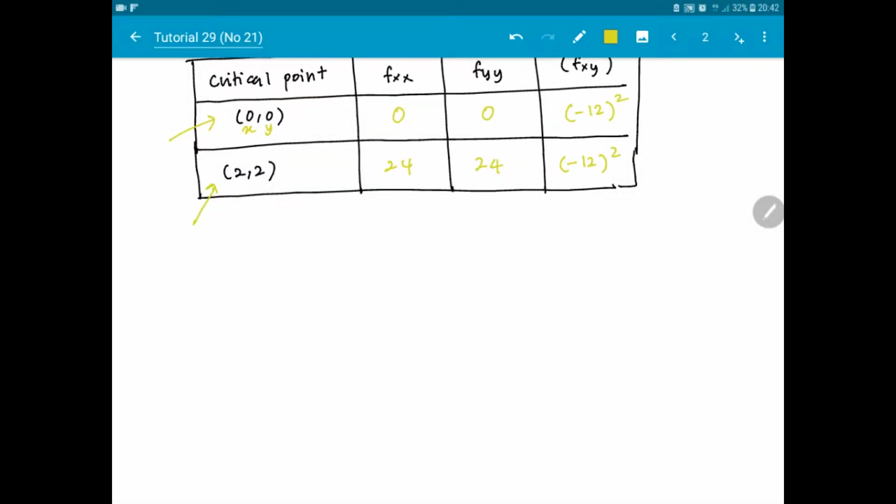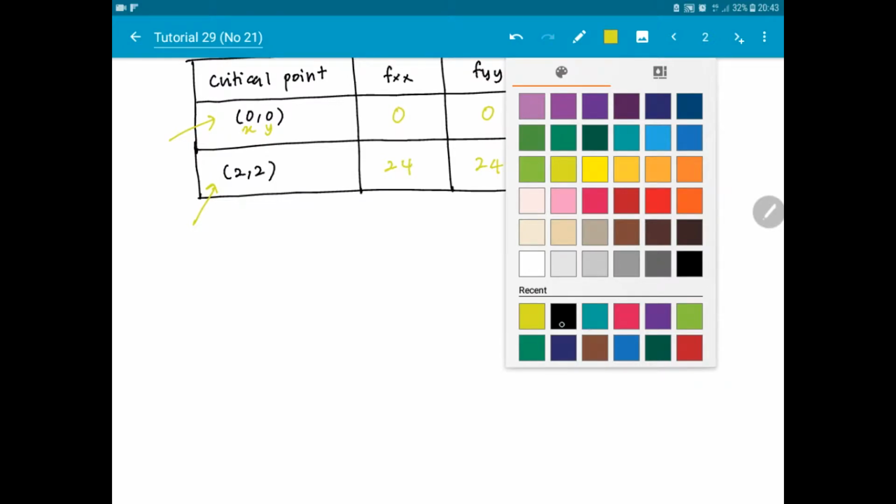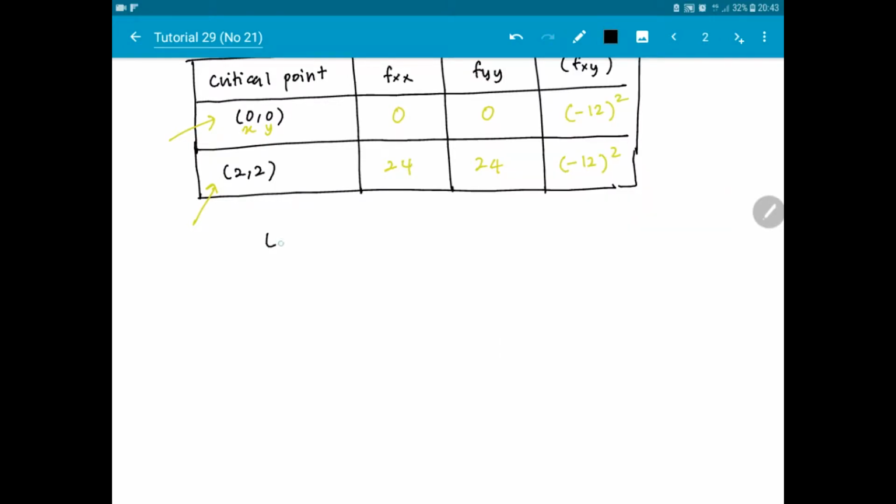To determine whether it is maximum, minimum or saddle point, we need to use D equals fxx times fyy minus fxy squared.